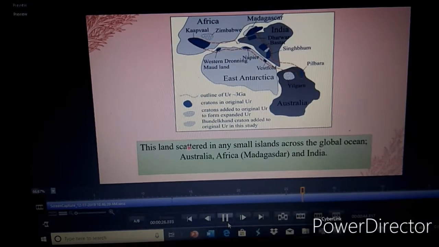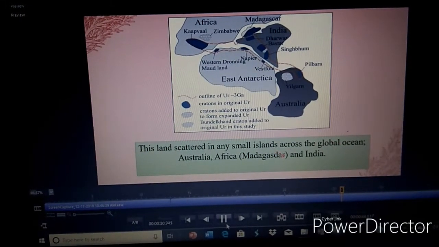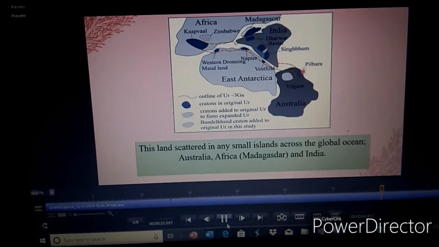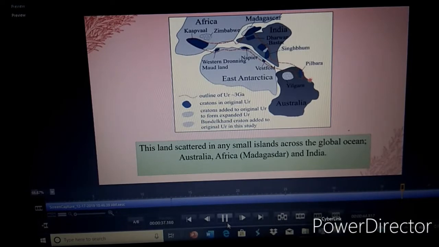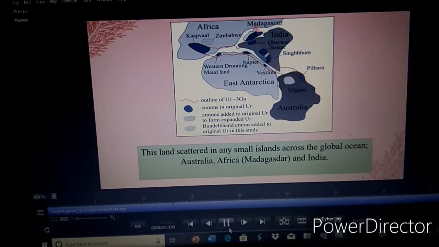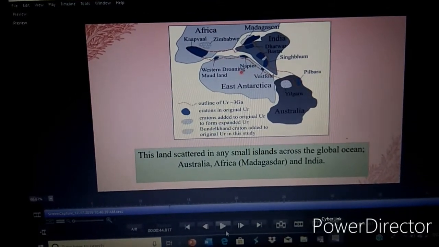Some parts of Ur were scattered in small islands across the global oceans, just like here in Australia. You can see in the blue color some parts in Madagascar, in India, in Africa, and some in East Antarctica.